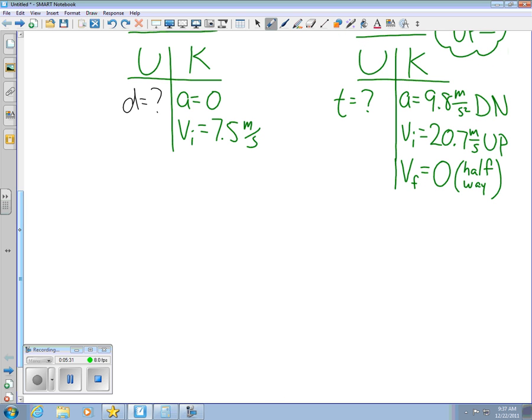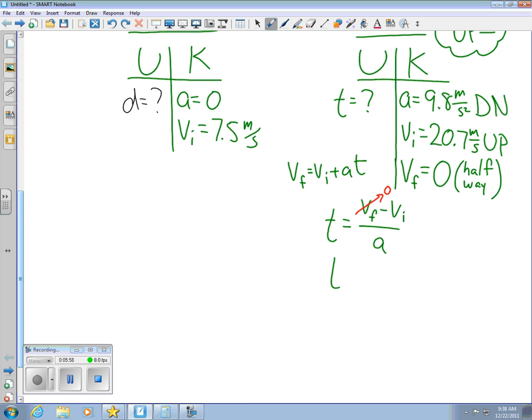I'm going to use the equation T is VF minus VI over A. That, by the way, is solved from the equation on the reference table, which says VF equals VI plus AT. If I solve that for T, I get VF minus VI over A. All right, we're ready to put numbers in here. I've got a VF of 0, so I can arrow 0 that.